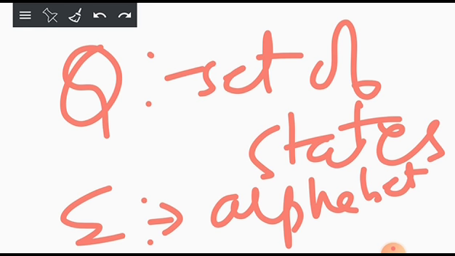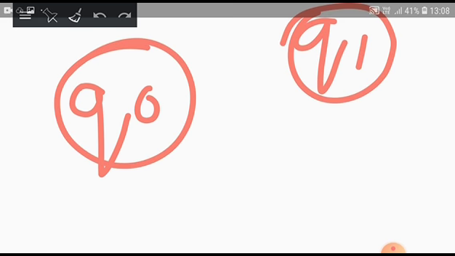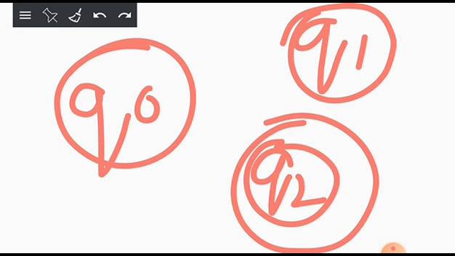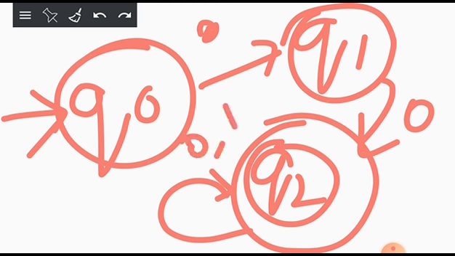So how can we show it with an example? Consider that this is Q naught, which is the initial state, this is Q1, an intermediate state, and this is Q2, which is the final state. Q naught is the initial state because we are using an incoming arc without any symbol. Q naught on getting input 0 goes to Q1, and Q1 on getting input 0, suppose it goes to Q2, and Q2 on getting input 0 and 1 remains in itself.